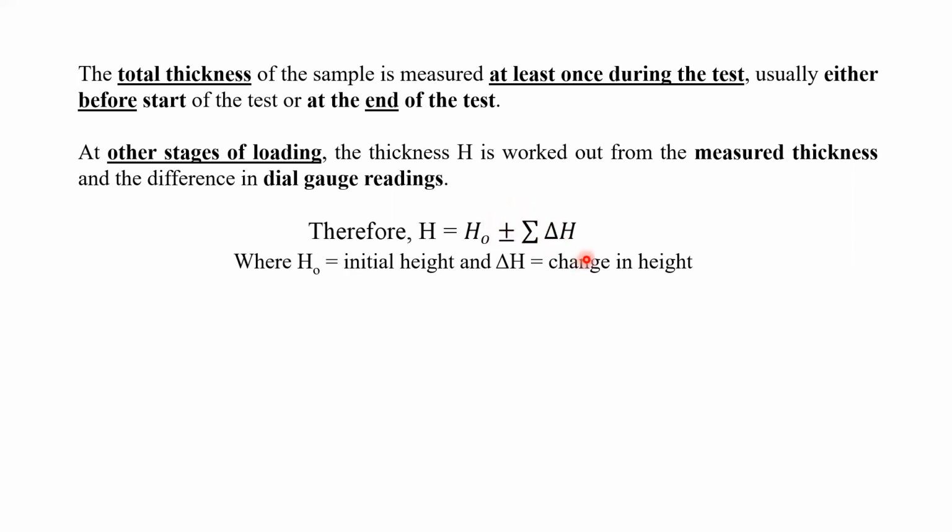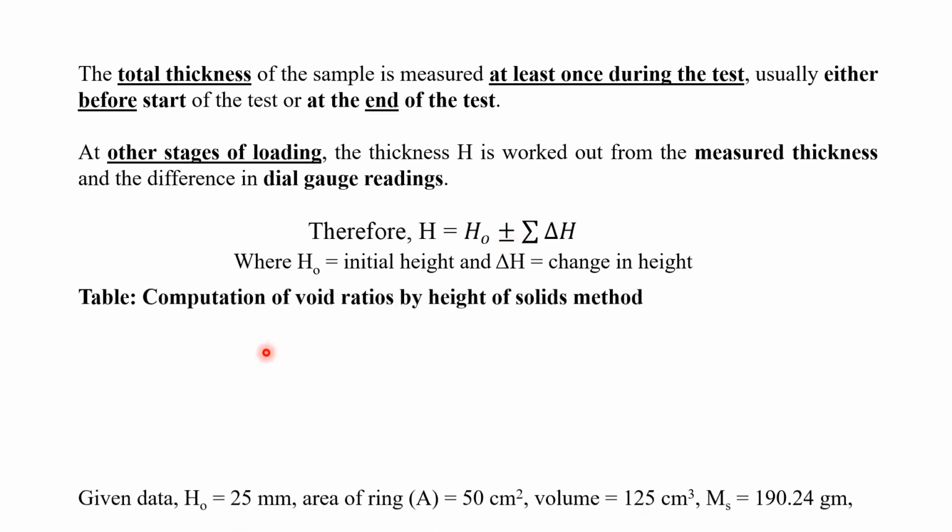In that case expansion will take place, and at that time we add the change in thickness, so the plus sign will be used. The minus sign we use in the beginning. Once the load is kept on the hanger, the thickness of the sample is going to decrease, so in that case we have to use the minus sign.